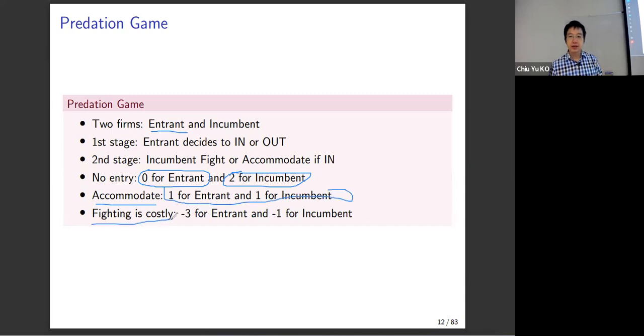If they fight, it's very costly, okay? It would be even worse for them because of the price war. The incumbent loses $1, the entrant loses $3, okay? So that's the game, okay? I specify who moves first, the payoffs, and the actions very clearly. This is something I would expect you to write when you write your own model project for your class. For our class, that is what I expect to see, okay?